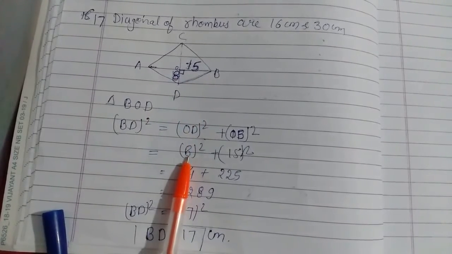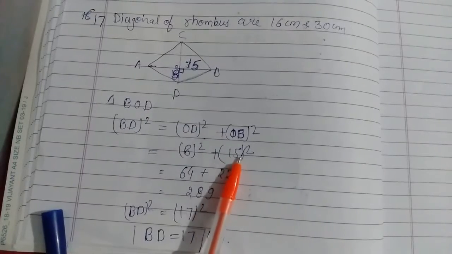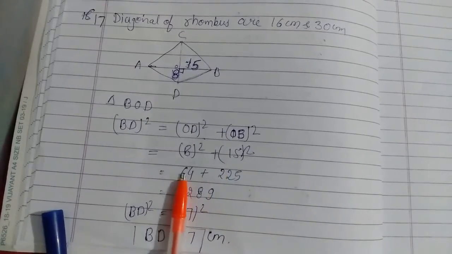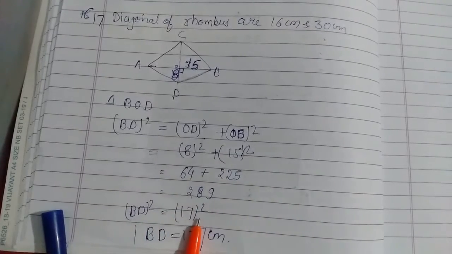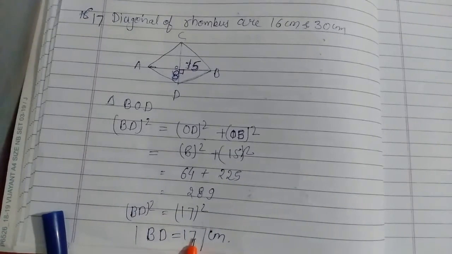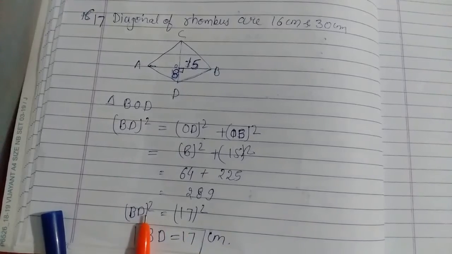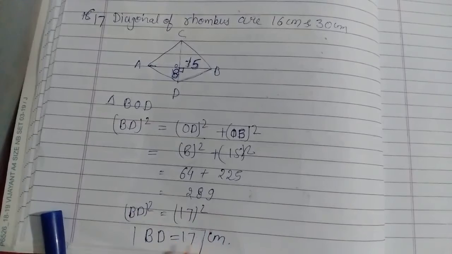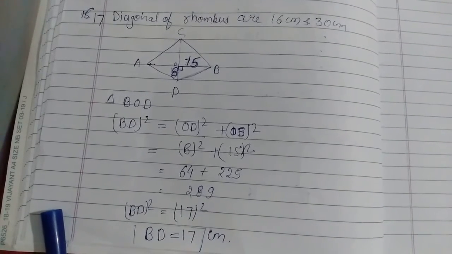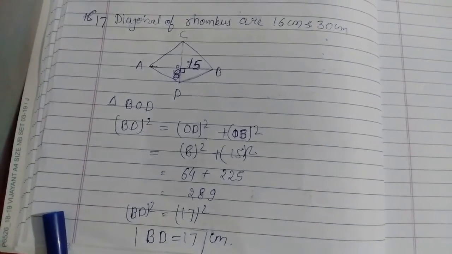OD is 8, so 8 square, and OB is 15, so 15 square. This is 64, this is 225, this is 289. BD square is equal to 17 square. Square will cancel with square, so BD is equal to 17.